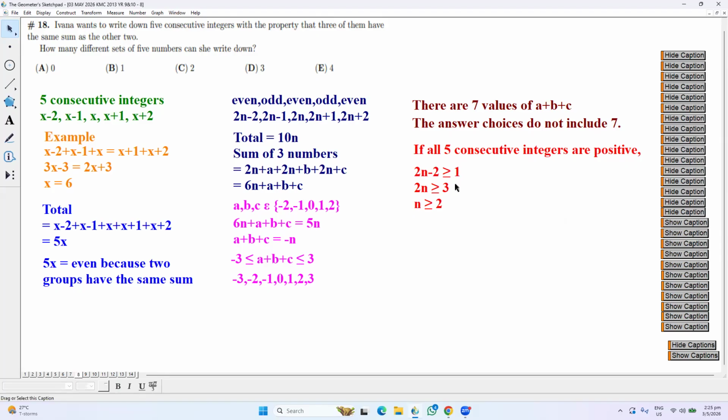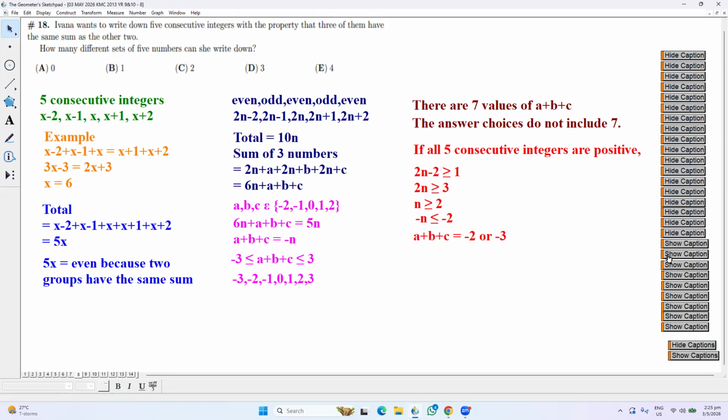So 2n is more than 3, n must be more than 2, because n is an integer. Then minus n must be less than minus 2. Therefore, a plus b plus c, which is minus n, is either minus 2 or minus 3. So there are only 2 cases.